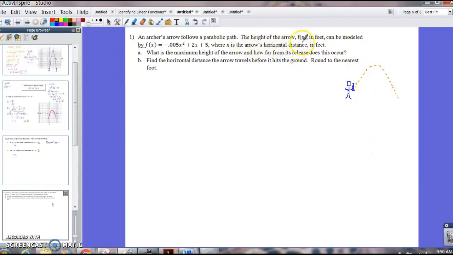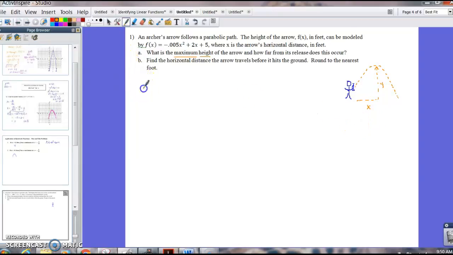So it says the height of the arrow can be modeled by that given equation where x is the arrow's horizontal distance in feet, okay? So part A says what is the maximum height of the arrow and how far from its release does this occur? Okay, so basically we're finding this distance x and this height of y, or f of x. You can think of it that way.